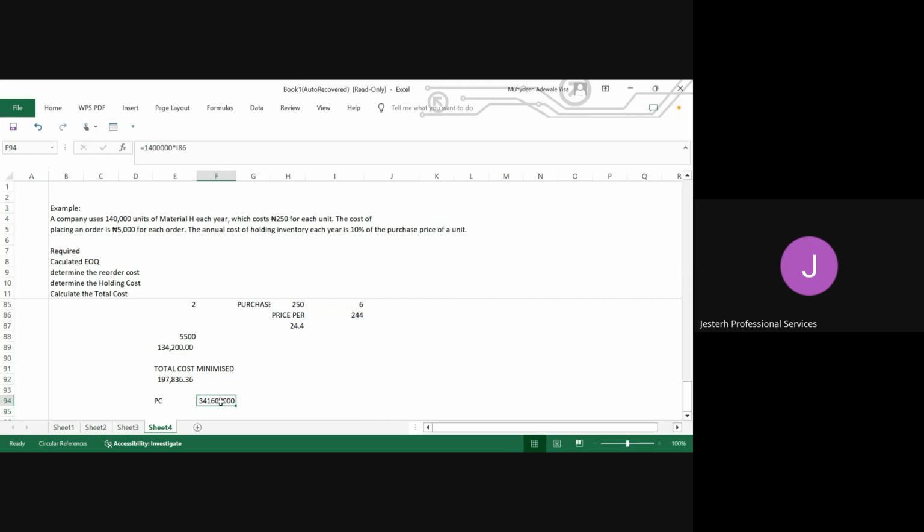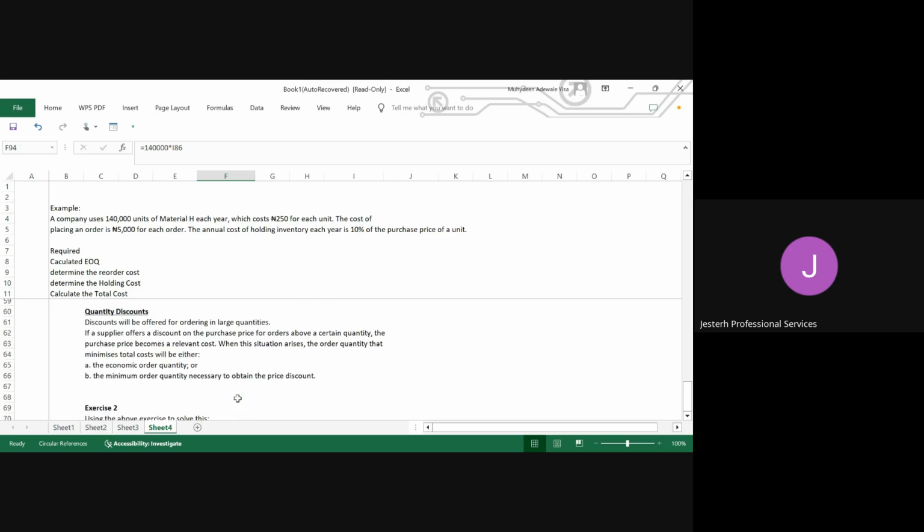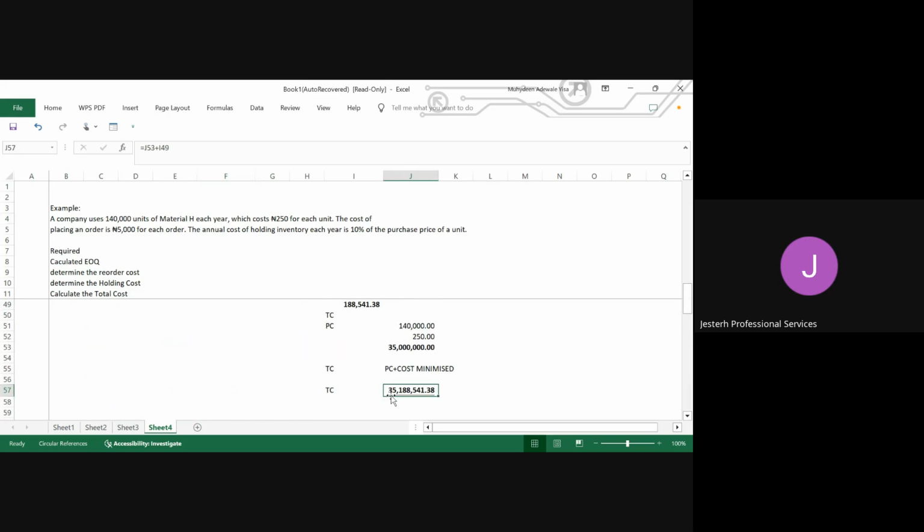Now our purchase price is 34,160,000. If you look very well now, our purchase price here increased when we are not having discounts. But when we are having discounts, our purchase price reduced.